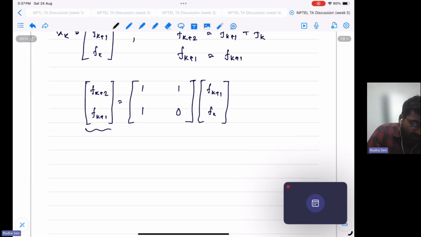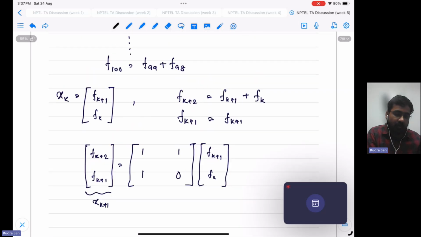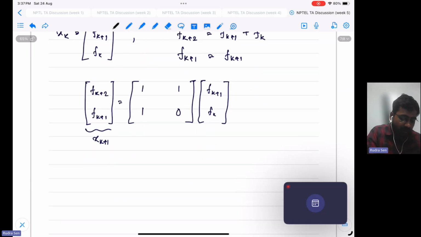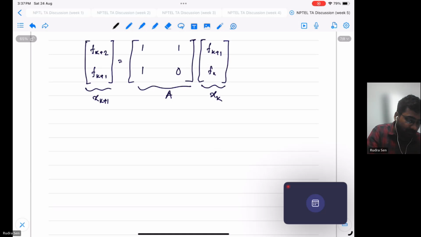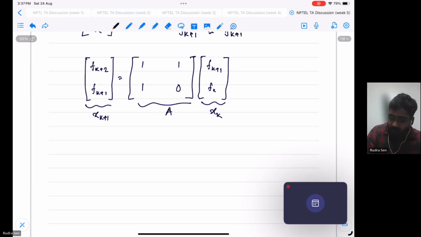What is this? This is nothing but x(k+1). If we consider k equal to k plus 1, then here f(k+2) and f(k+1) is x(k+1). This is basically A and this is basically xk.